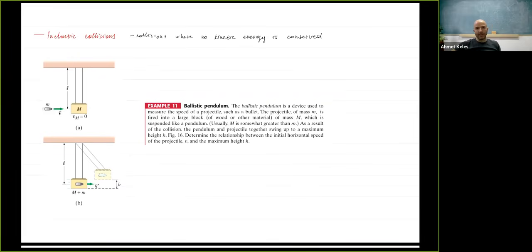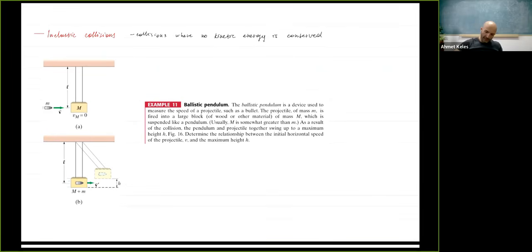Of course, the total energy is always conserved, but maybe it is converted to something like heat energy, which is not mechanically accessible anymore.